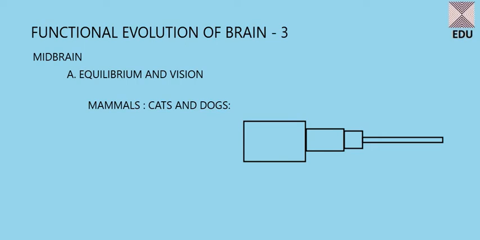If the whole of the cerebrum is removed, leaving the midbrain, we have removed the whole part of the brain anterior to the midbrain. So we have the midbrain intact.